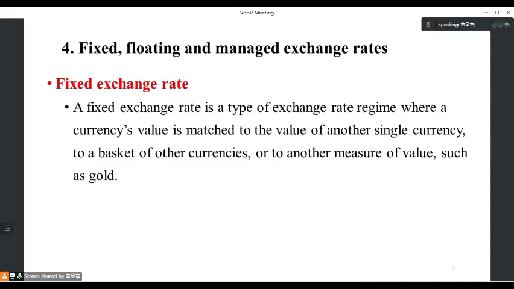From this explanation, we should understand a fixed exchange rate means a country's currency is matched with another currency, a basket of currencies, or something's value such as gold.